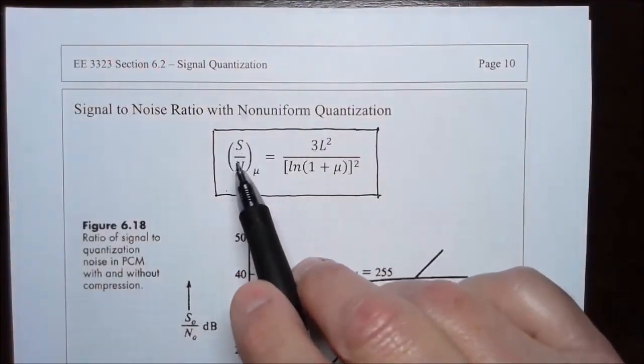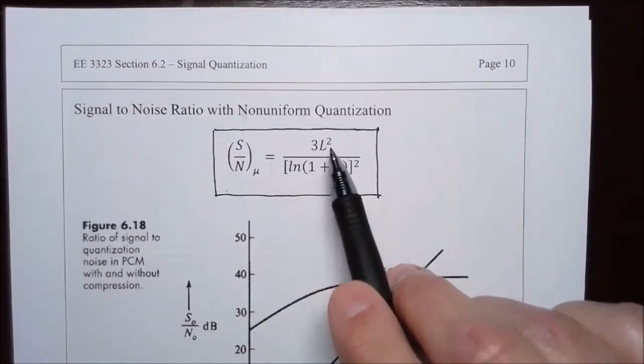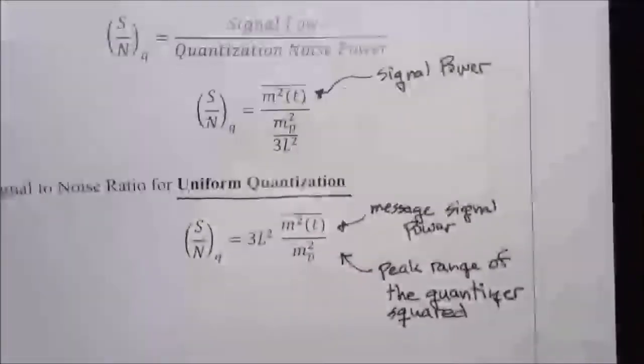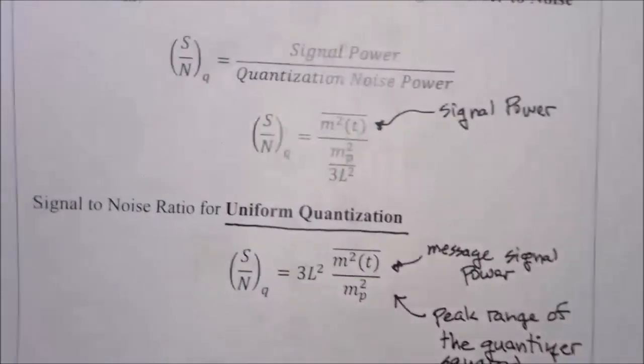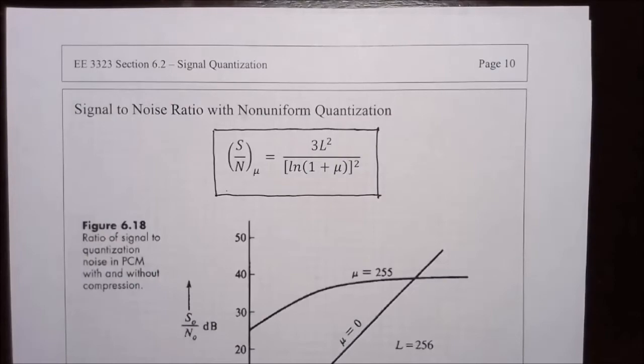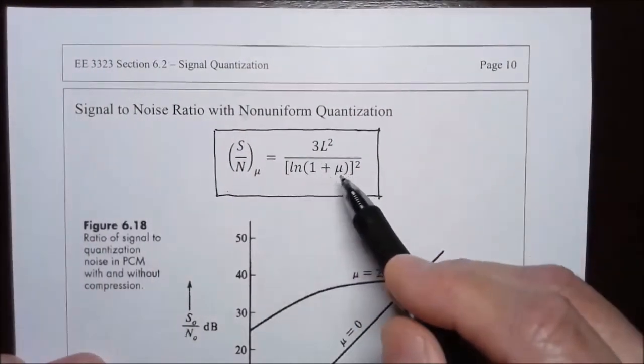The signal to noise ratio with a mu law compressor is equal to 3 times L squared, which is convenient because we also have that term. See, that's the same 3 times L squared that we have in the expression for the uniform quantizer. But in the denominator, we have the natural log of 1 plus mu.